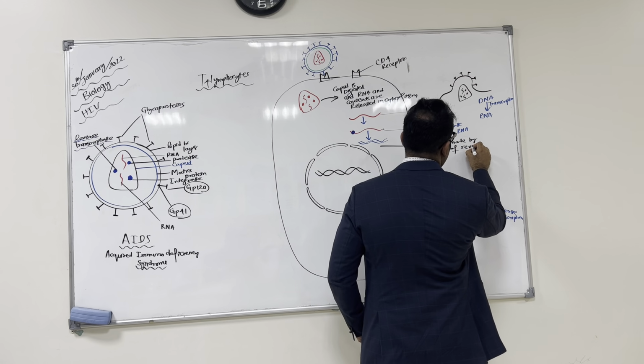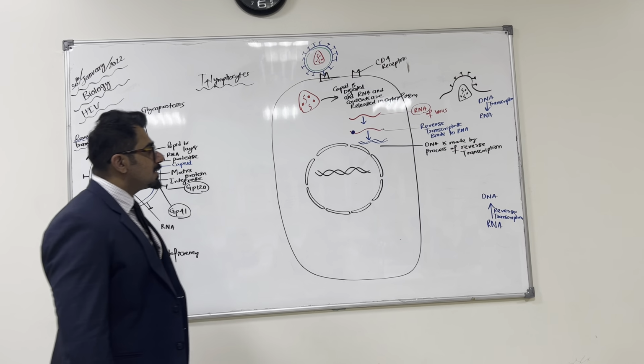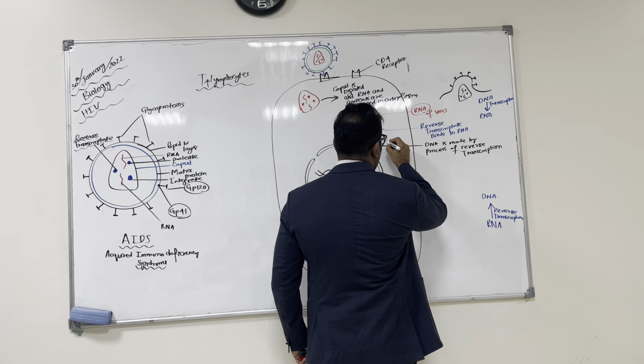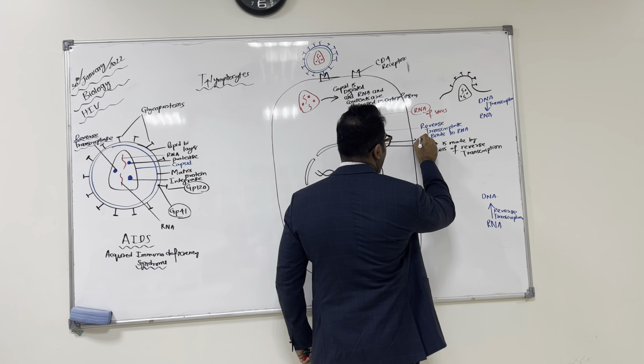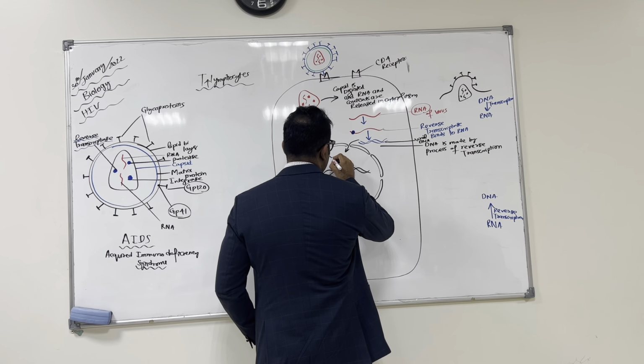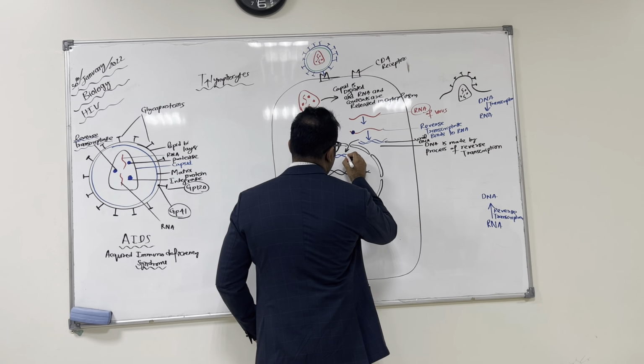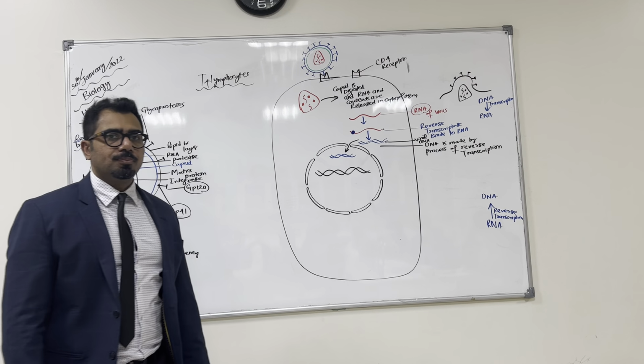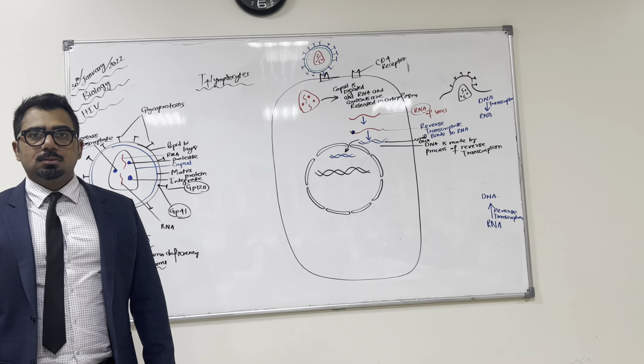Now, next step, what happens? This viral DNA, now we can call it viral DNA, right? It enters through the nuclear pore into the nucleus, right? Now, this viral DNA has entered into the nucleus. Now, what happens?